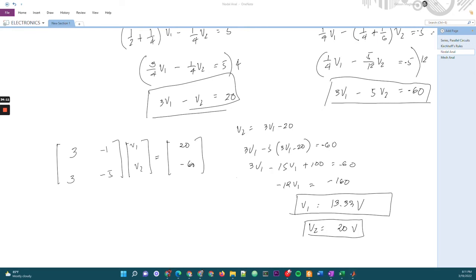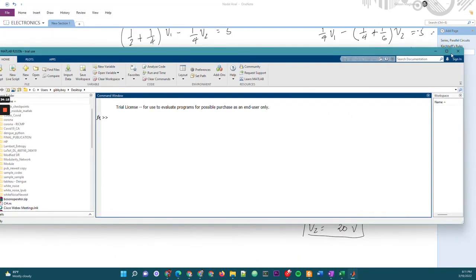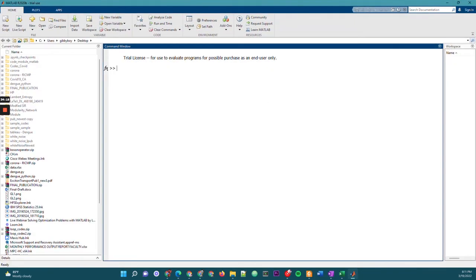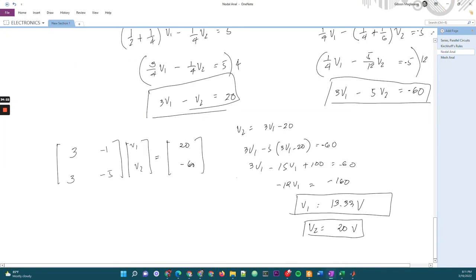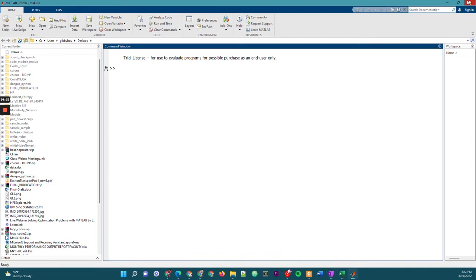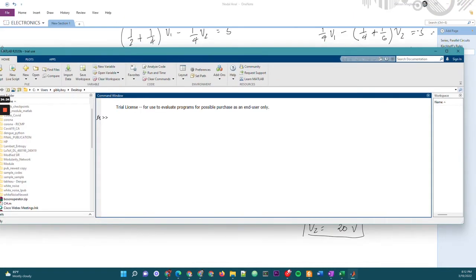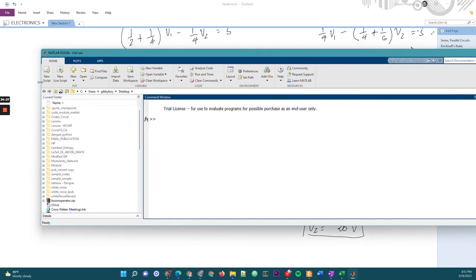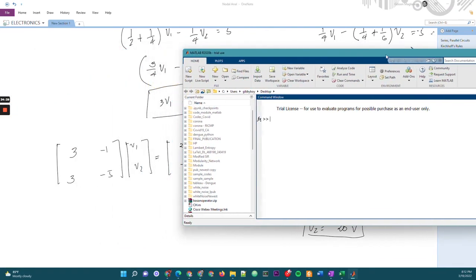So here, ang MATLAB. Ang una nato i-input is ang matrix. So atong i-input ang kaning matrix and this matrix also. Okay?